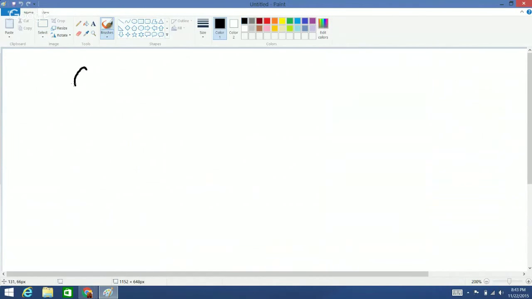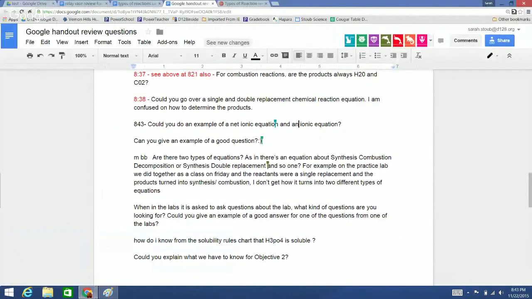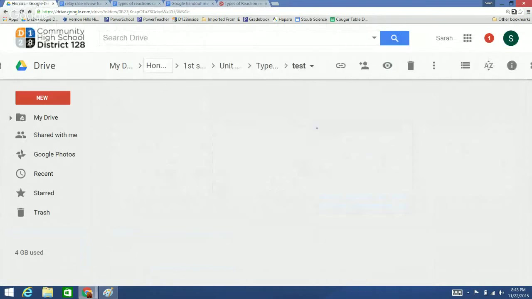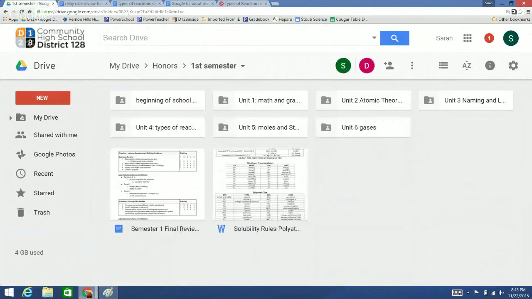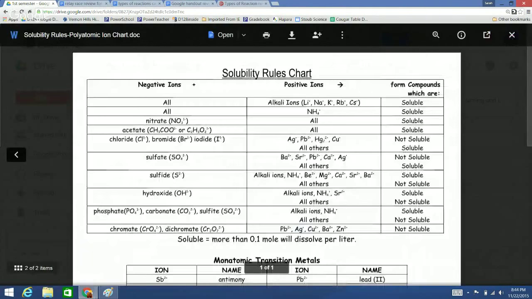Okay, so I'm going to use that calcium. Oh, I gotta check my solubility chart. Hold on here. I don't know if I can really use that one. It's calcium aluminum sulfate.